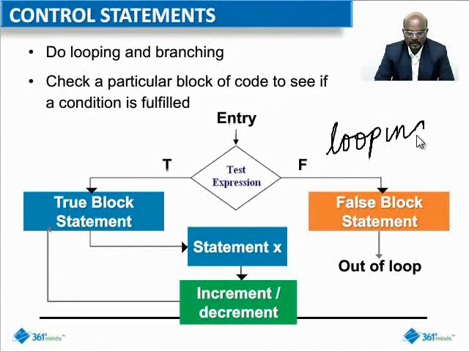You have a test expression, and if the expression is true, it goes to a true block statement, and that statement is then either incremented or decremented, and this loop carries on till it becomes false. A classic example of a for loop, isn't it? So this is a looping structure. So control statements allow you to do looping and selection.